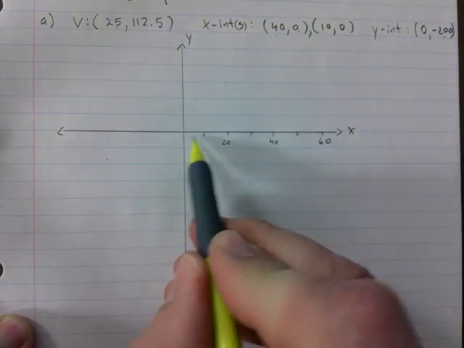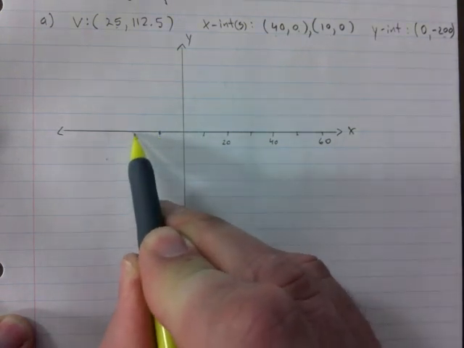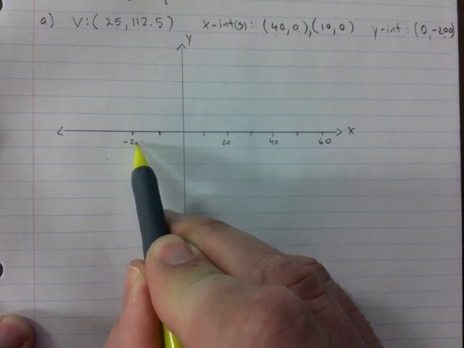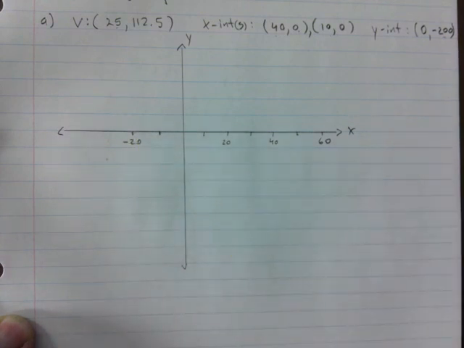And I will just add a few to the left, not that I need to. I'm going to go negative 20 there. The worksheet that I will assign later has grid. It's not a perfect grid, but it's a pretty decent one. So it'll save you this part.